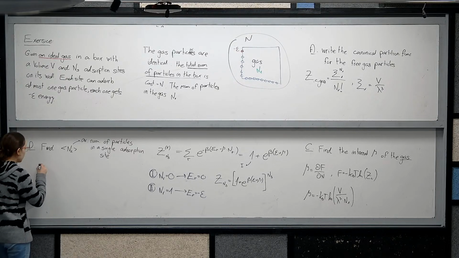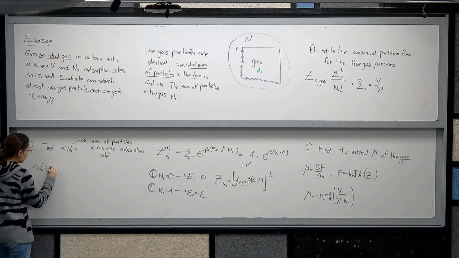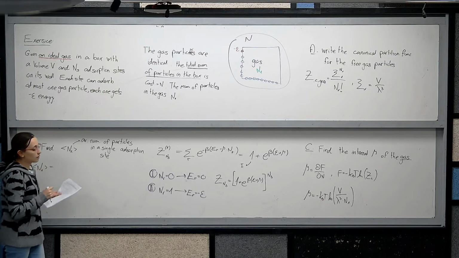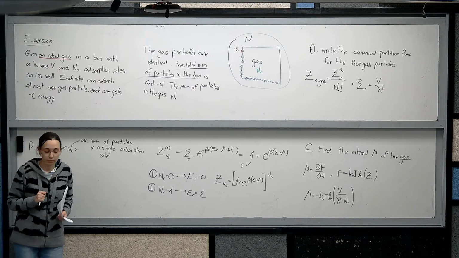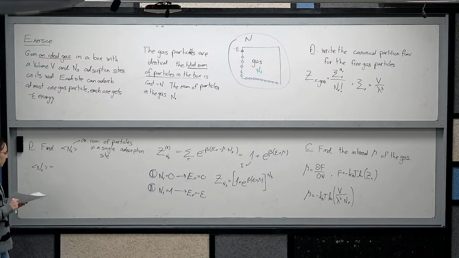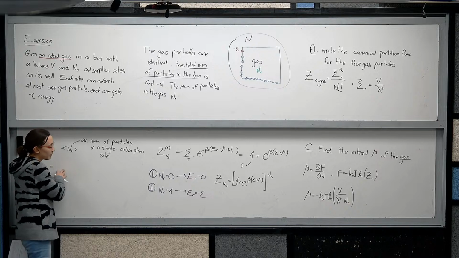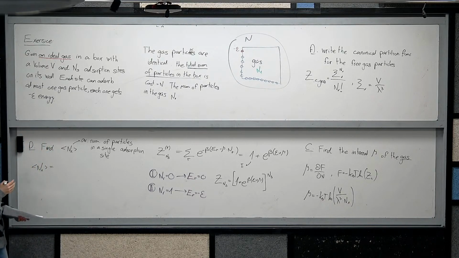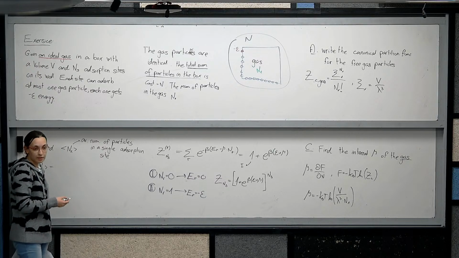Okay, so let's do it like this. The average number of particles equals the probability of the first state times the value of the number of particles in this state, plus the same for the second state.